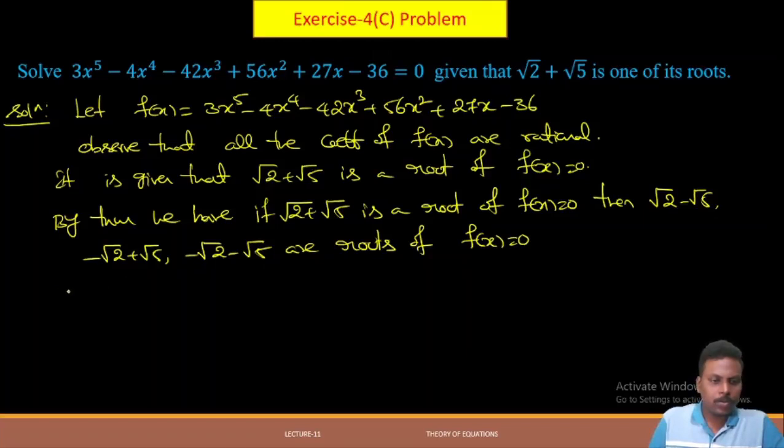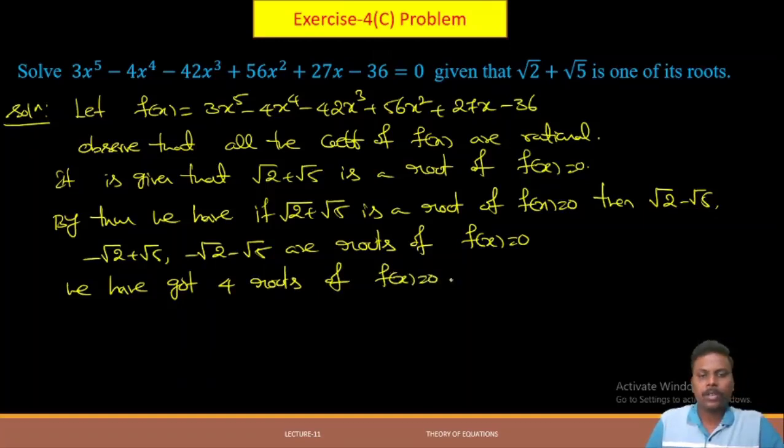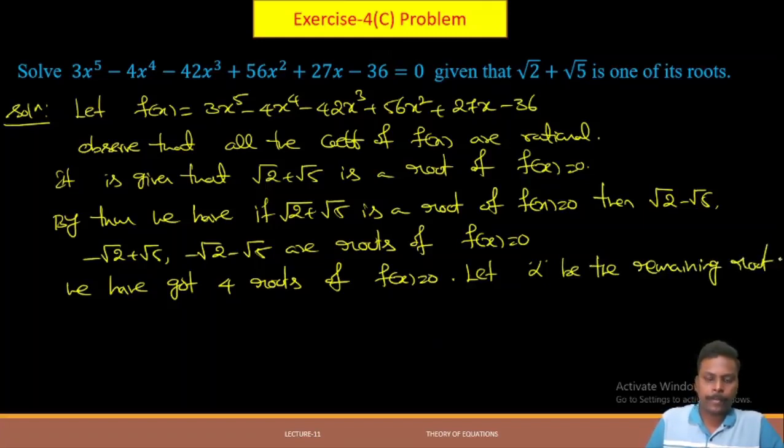So we have got 4 roots of f of x is equal to 0. Let alpha be the remaining root. So let us consider the sum notation.